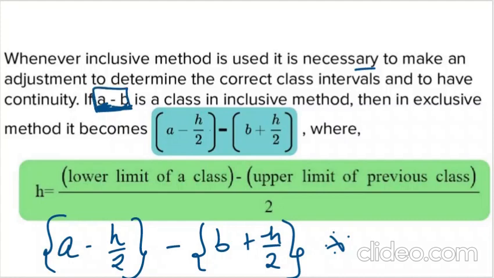h is found from the lower limit of the class A-B. Subtract the upper limit of the previous class, not the same class, the previous class, and divide by 2. That will give you the value of h. When you find the value of h, you can use the formula and make it into the exclusive method.